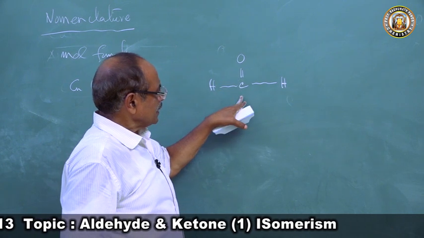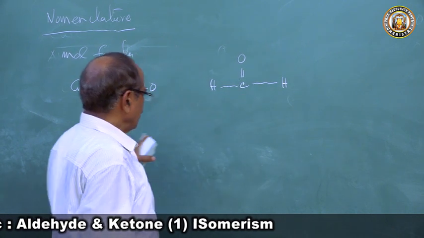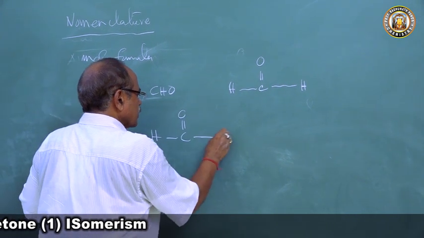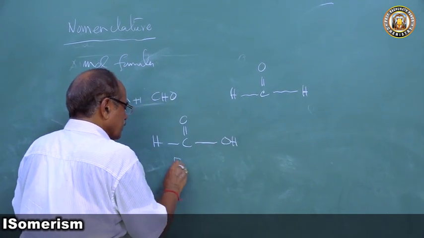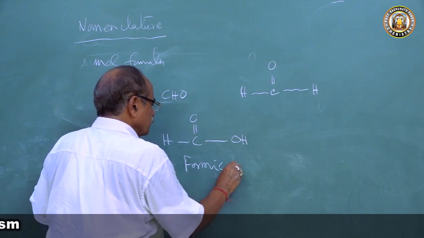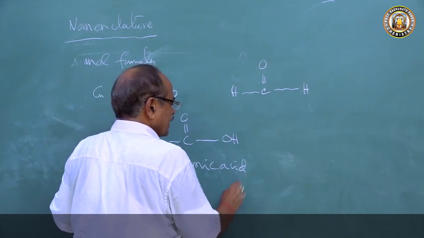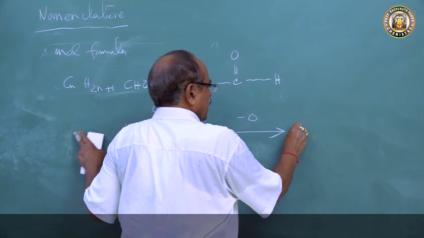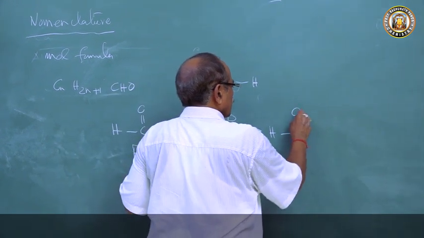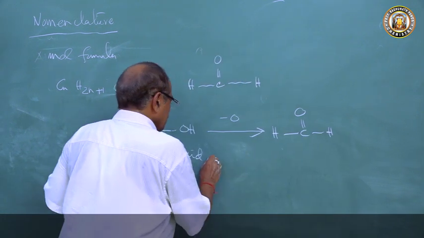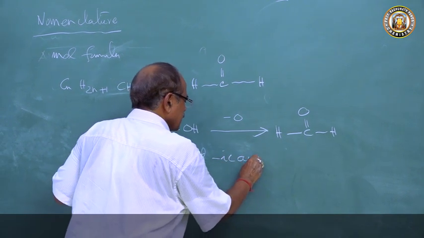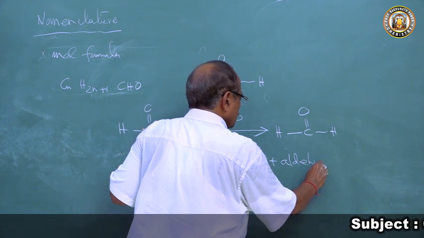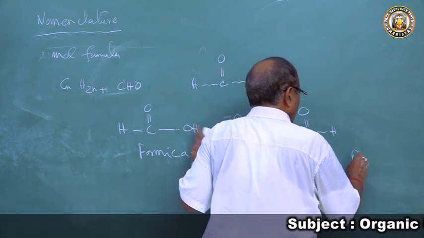Then what is its acid? Its acid is HCOOH. This is called formic acid. From formic acid we remove O and get HCHO. So formic acid minus IC acid plus aldehyde is called formaldehyde.